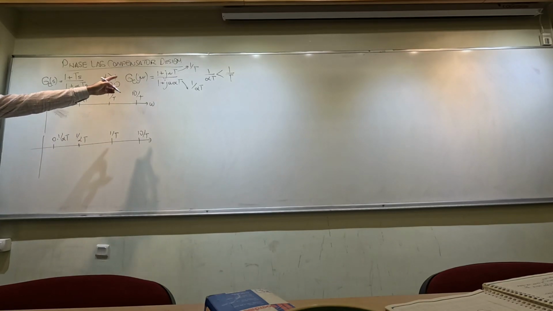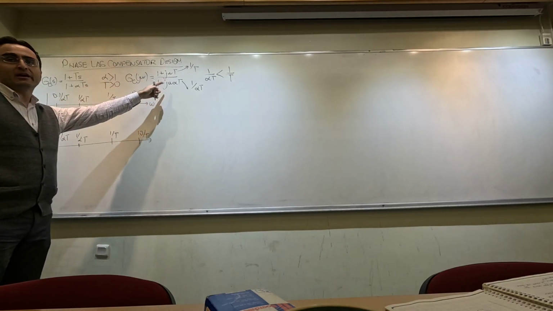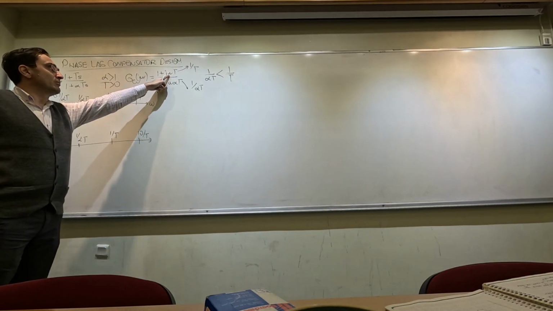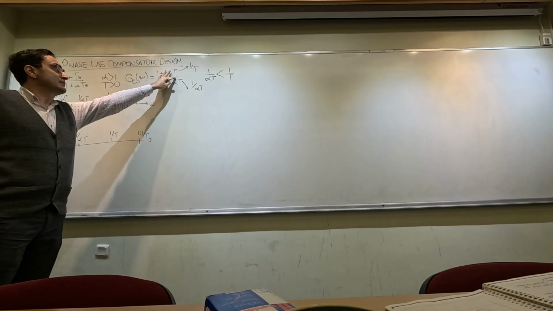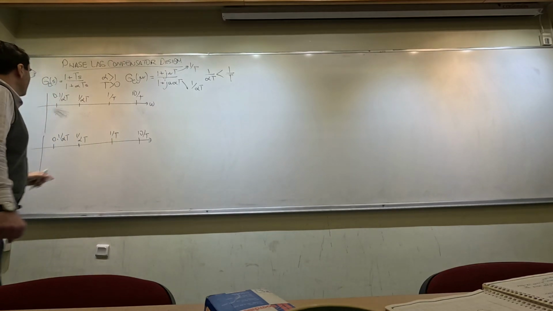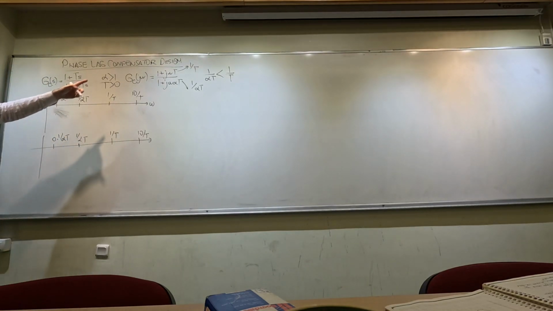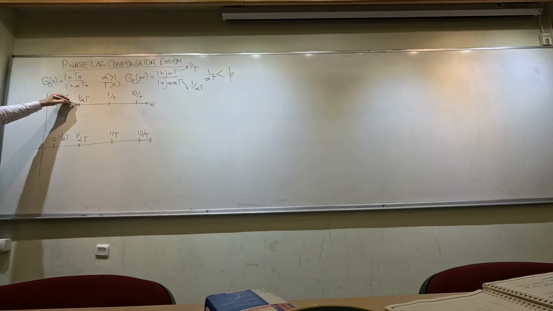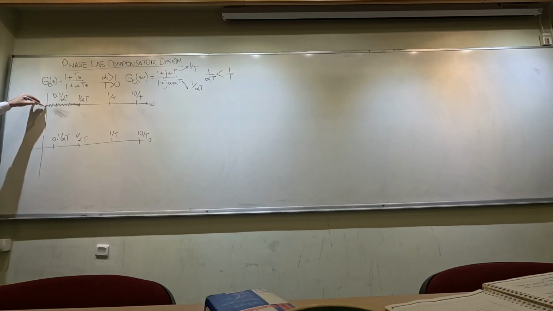When I look at the magnitude in dB scale, when omega is very, very small, this GC of j omega is going to be approximately 1. Until I hit the smaller corner frequency, the magnitude is going to be 0 dB.